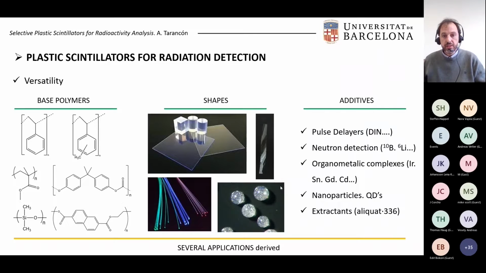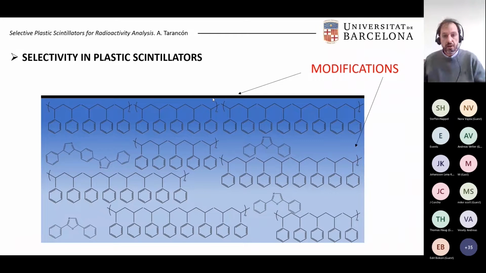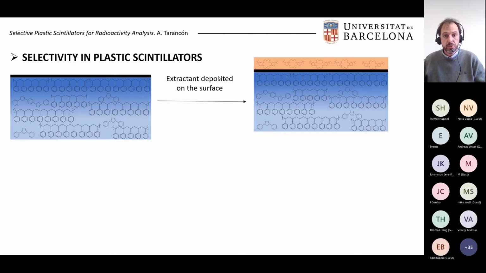In the case of selectivity, you have the possibility to make modifications on the surface of the plastic scintillator and even on the internal part of the plastic scintillator. So these options are, for example, the deposition of a structure on the surface of the plastic scintillator. This is one option.